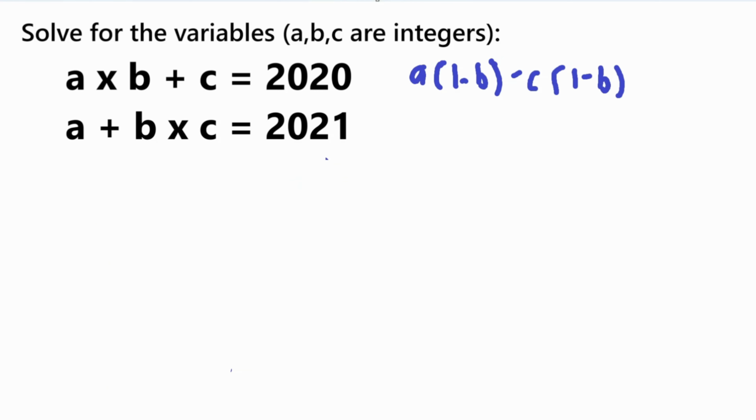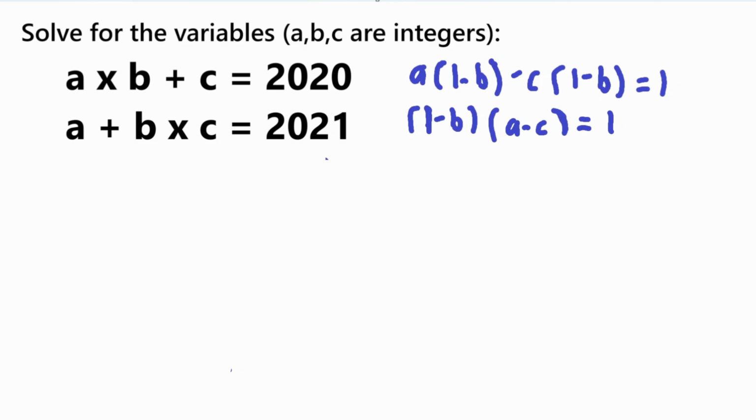Since we have 1 minus b in both terms, we can factor it out. That leaves us with a minus c, which we write together in the parentheses. And remember, this is all still equal to 1, because we did 2021 minus 2020.